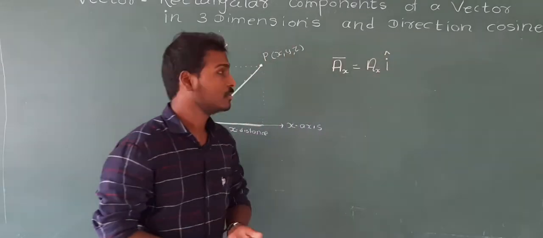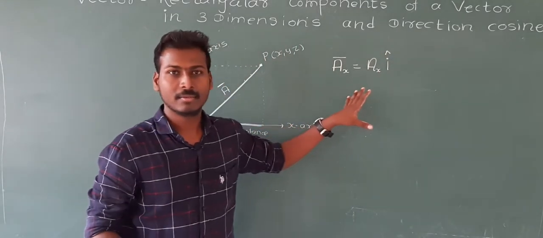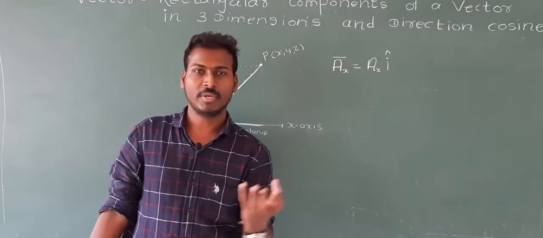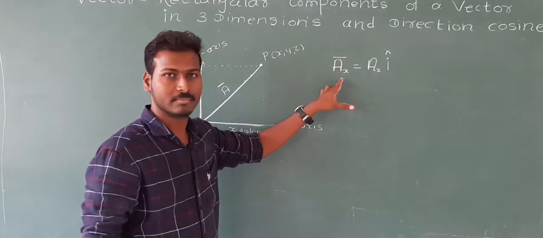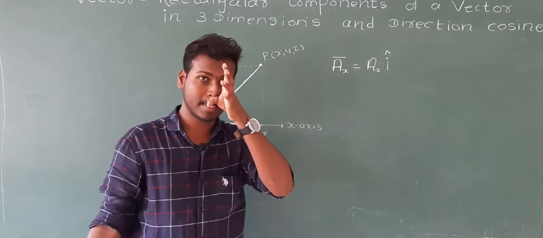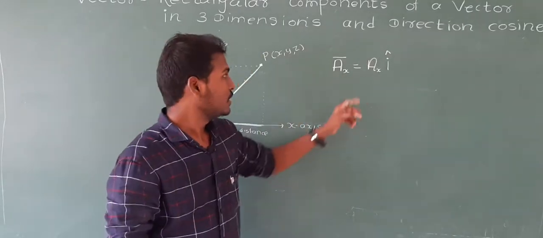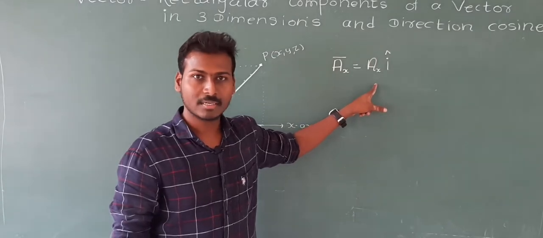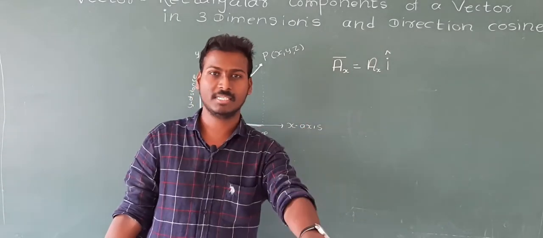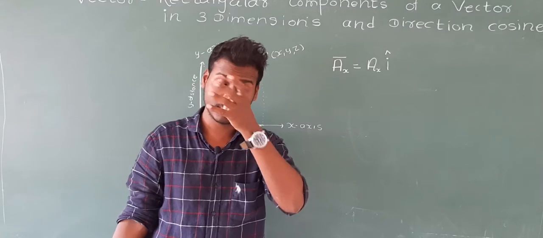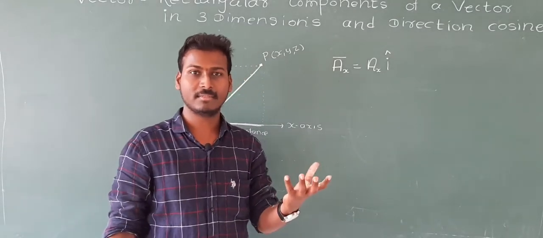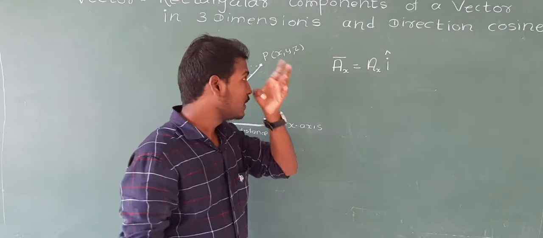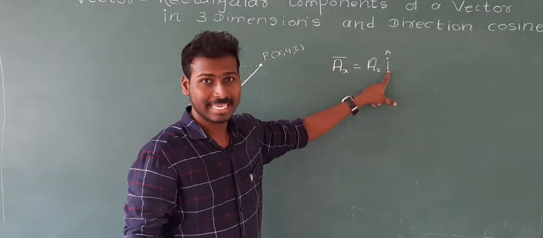If any vector shows displacement only on the x axis, you represent it by Ax bar, because the vector is along the x direction. It equals the magnitude of that vector, which can be distance; if it is a force, then the magnitude of force in Newton; if it is length, then in meter, into i cap.